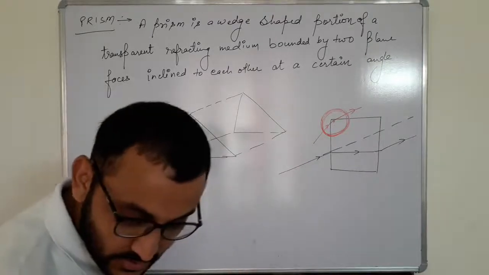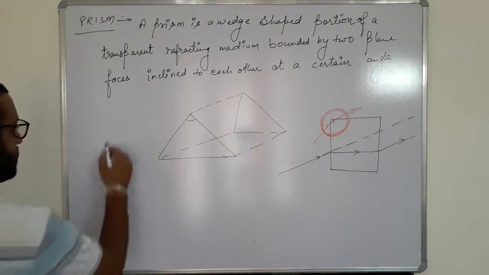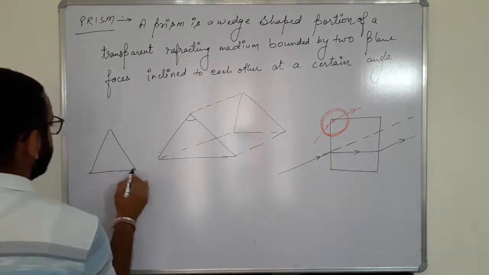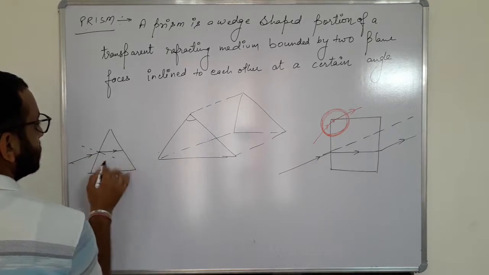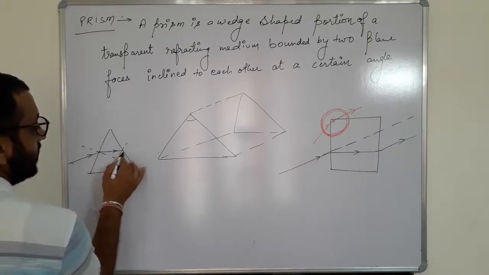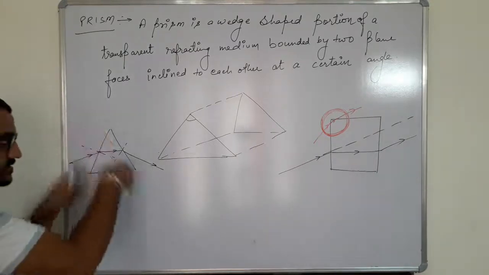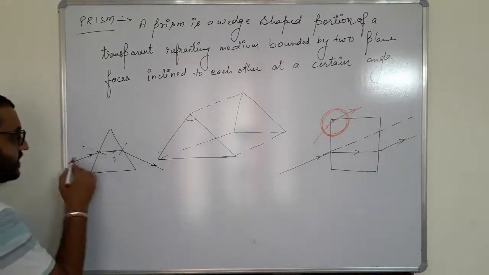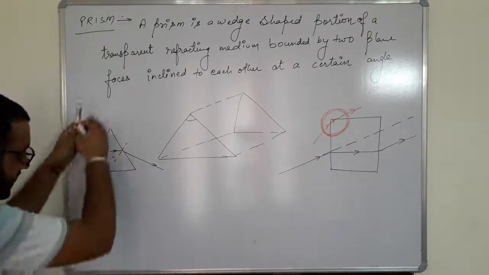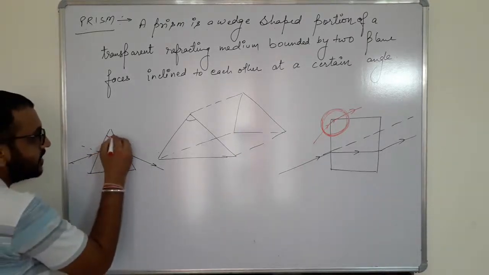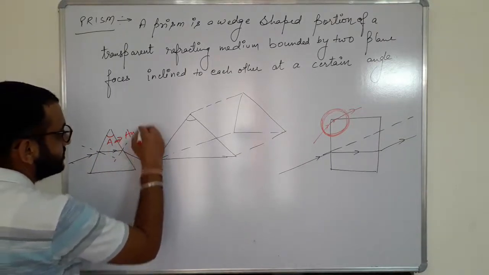Okay, so let us take an example. Suppose this is a prism and this is an incident ray, this is the normal, it bends towards the normal, then again away from the normal. These two faces at which the incident ray enters and the emergent ray comes out, the angle A between these two faces is called the angle of prism.